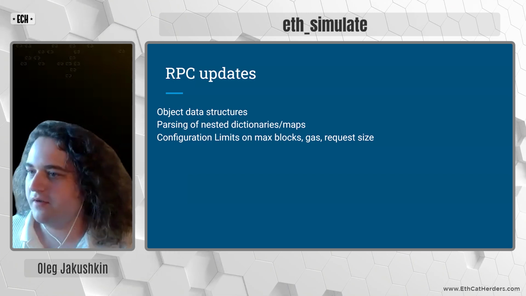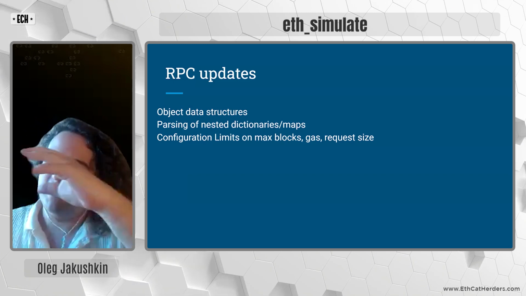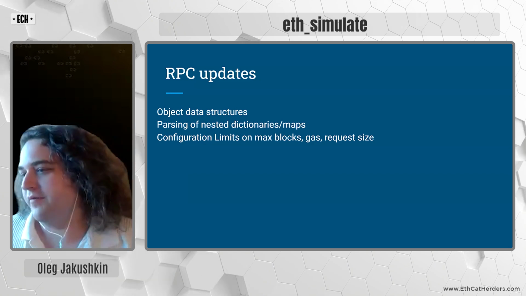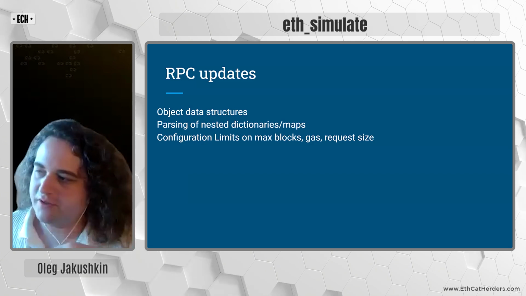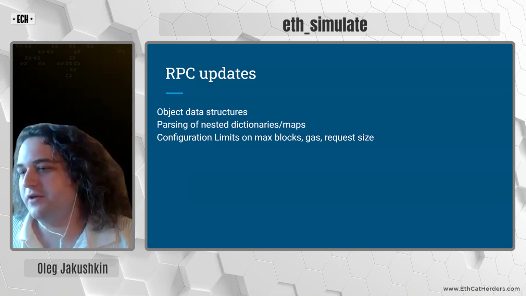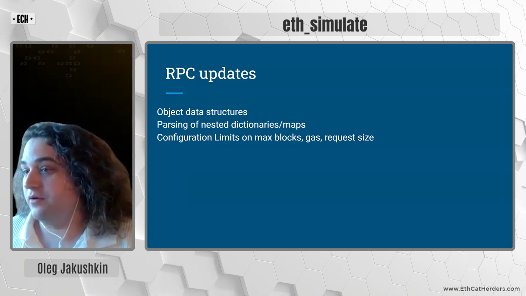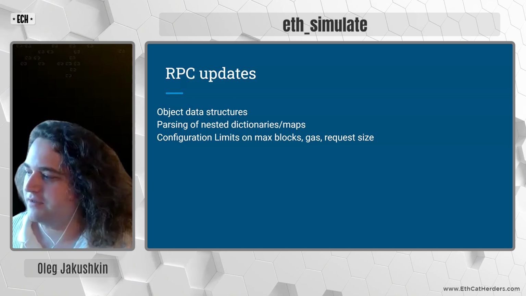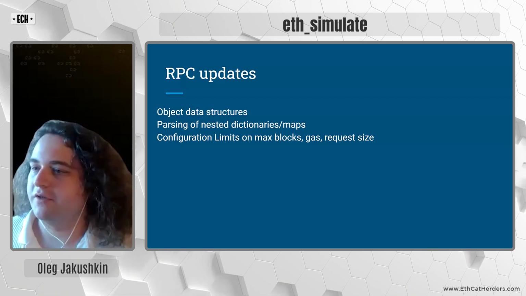But this method, ECSimulate, takes a complicated object that can be deeply nested, with a lot of fields: every block, every transaction, every state override dictionary. This is quite a distinction from other RPC methods.